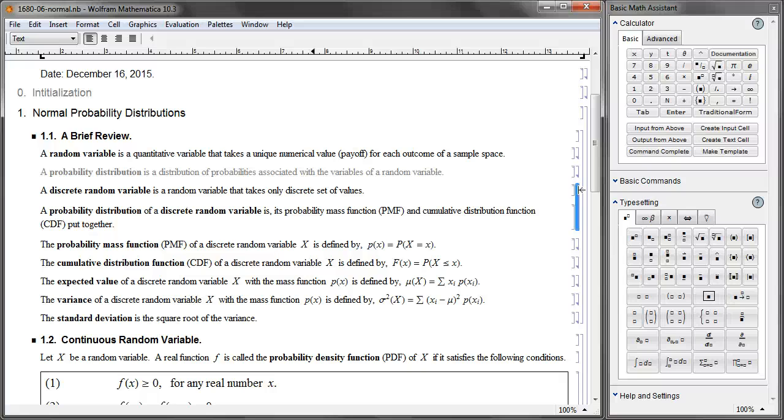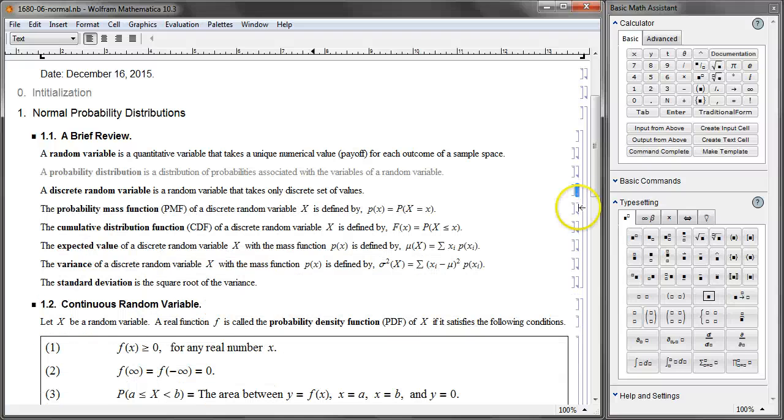The probability distribution of a discrete random variable is a combination of two functions, the probability mass function and the cumulative distribution function. I think I'd better start all over. A probability distribution of a discrete random variable is its probability mass function, PMF, and the cumulative distribution function, CDF, put together.